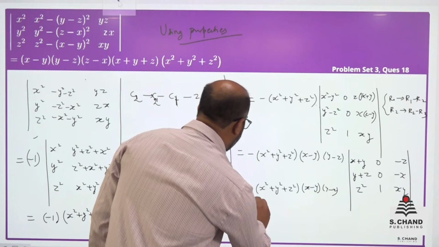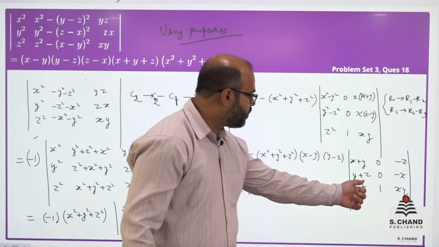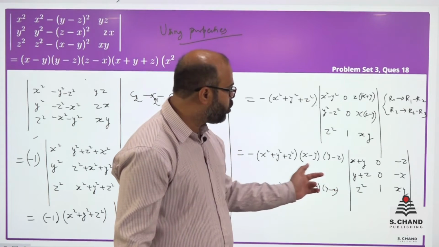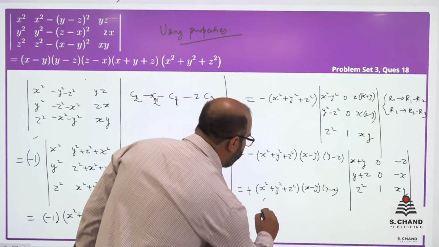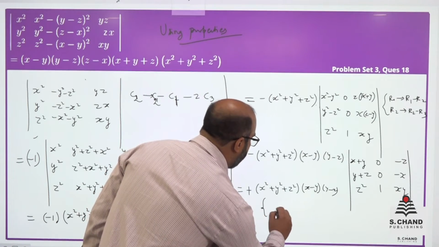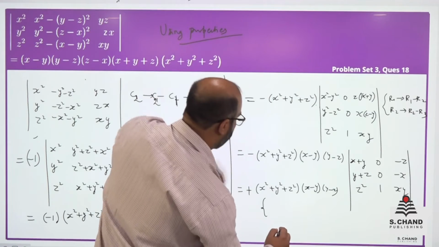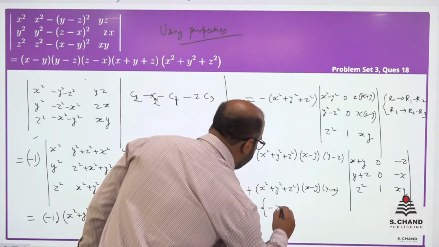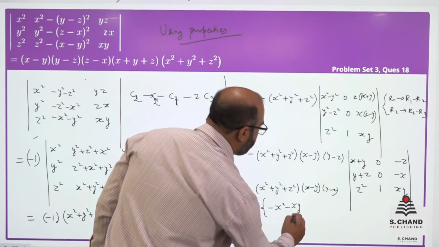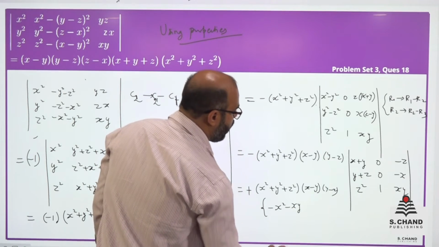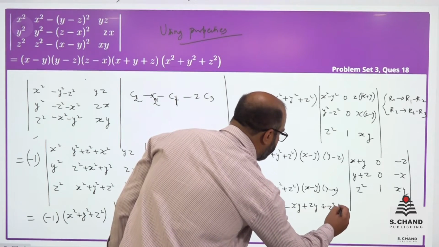If you take minus outside, minus 1 to the power 5, minus will be absorbed, and then you have x plus y into minus x, that will be, sorry, minus x square minus xy plus zy plus z square.